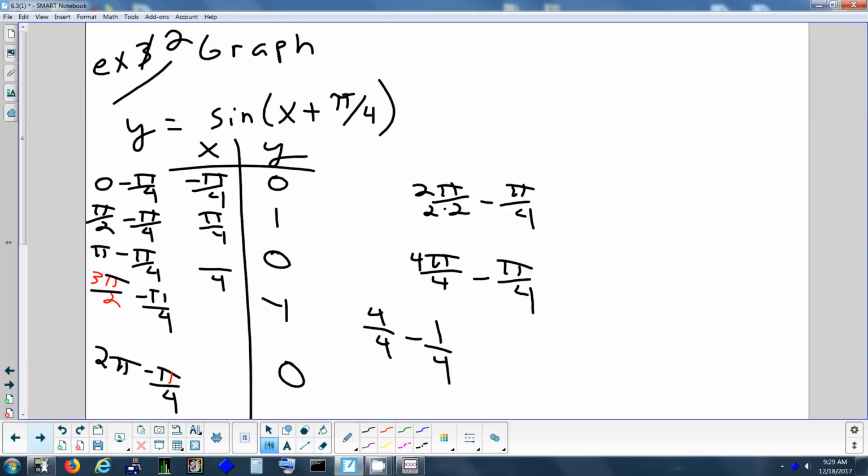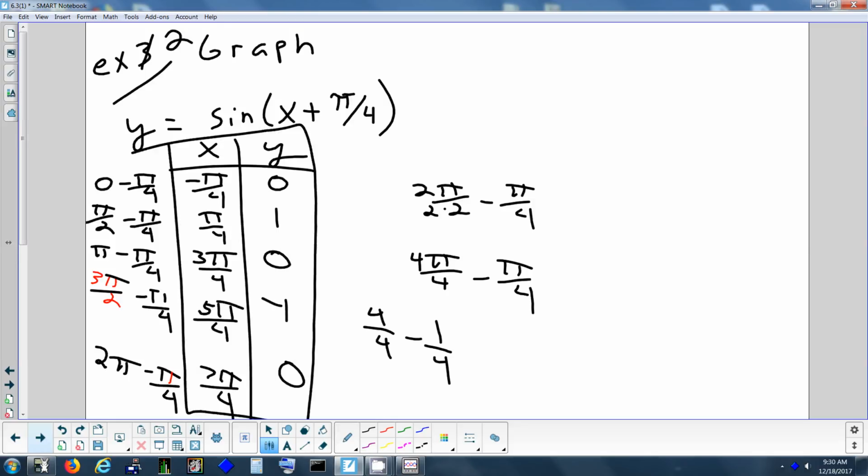Yeah, exactly. 3 pi over 4. Now, anyone think they know what the next one's going to be without finding the common denominator? 5 pi over 4. Yeah, the numerator's going, the coefficient, if you can call it that, it's not really a coefficient because there's no variable, but the thing in front of pi is going up by odd numbers. -1, 1, 3, 5. And then the last one, 7.